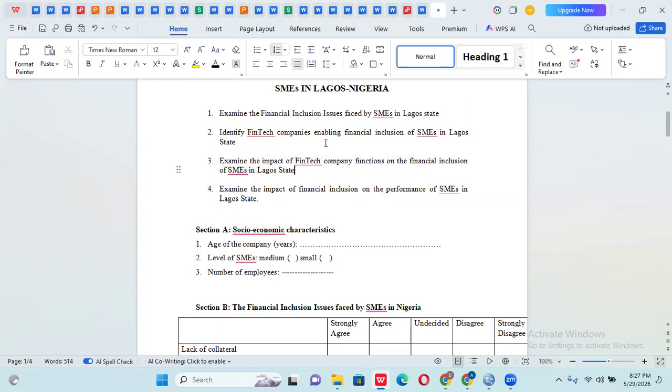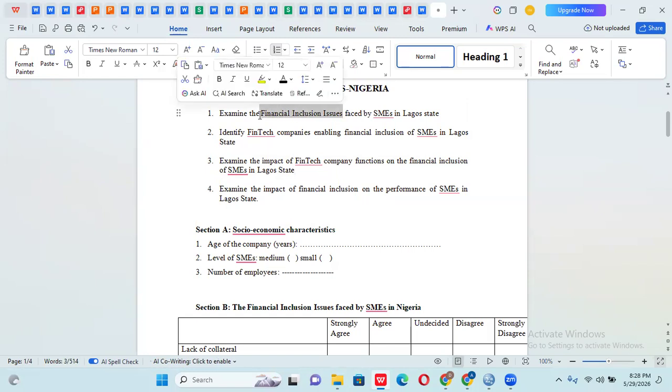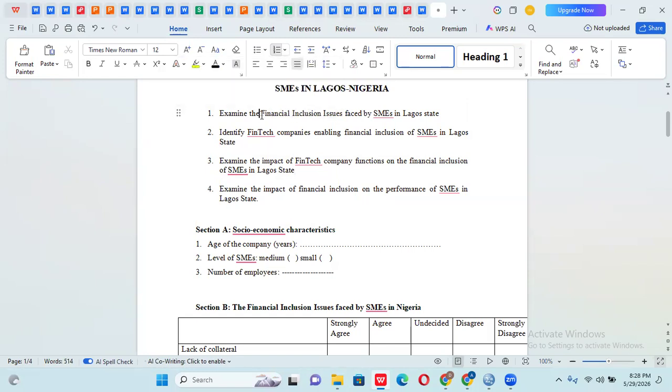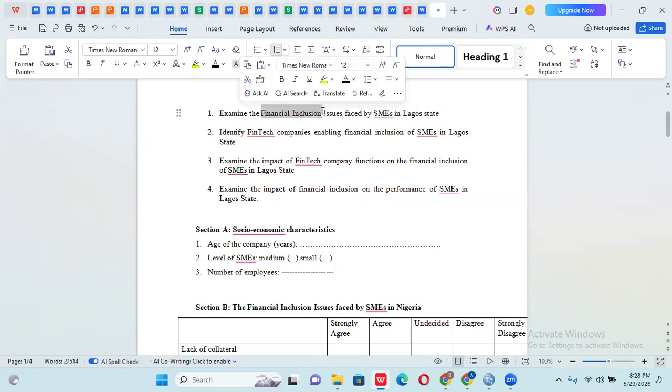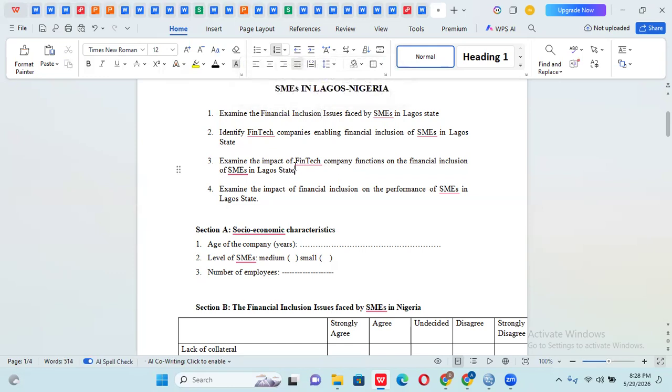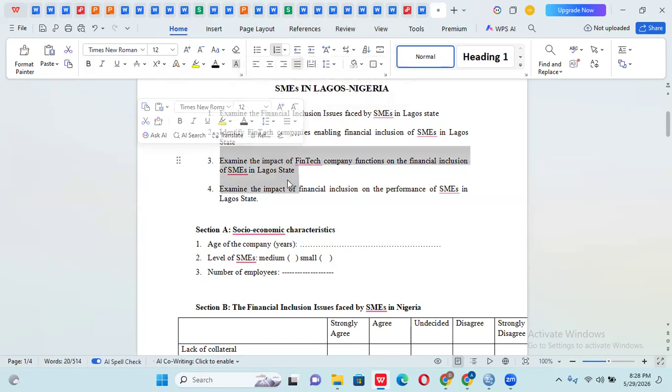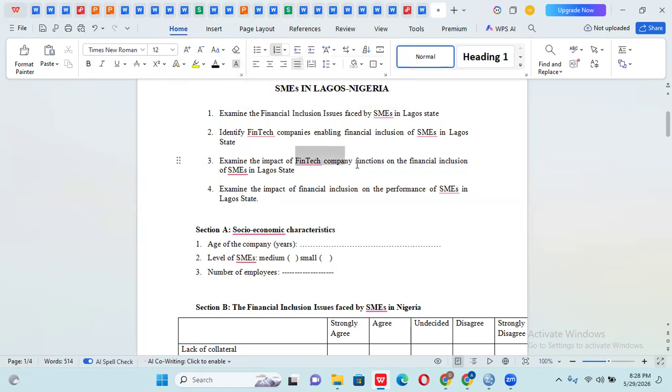We've mentioned financial inclusion issues, but we've not measured financial inclusion itself. So for us to analyze this objective, we need a data set on fintech company functions and a data set on financial inclusion of SMEs in Lagos State. Are you with me? We need those 2 data sets.